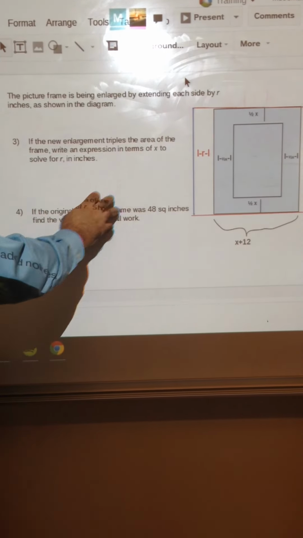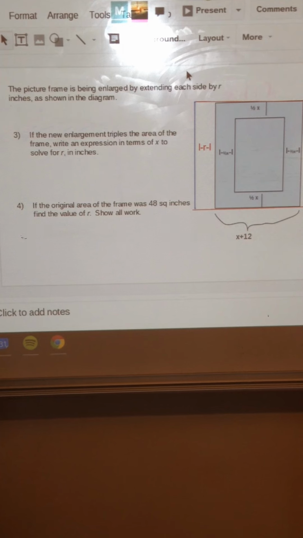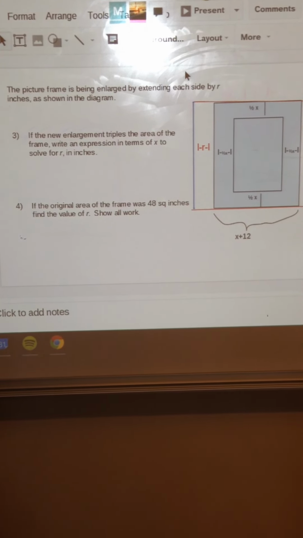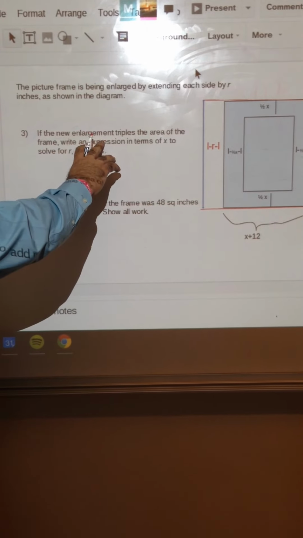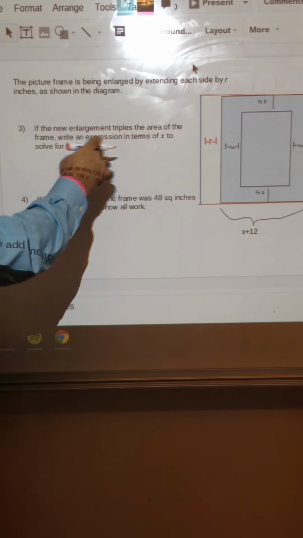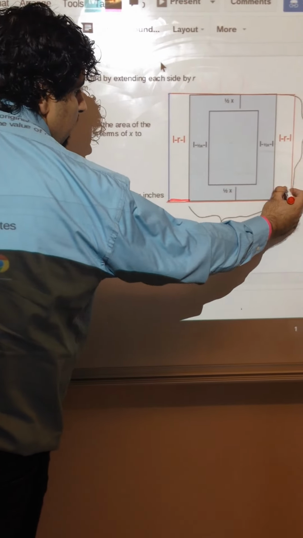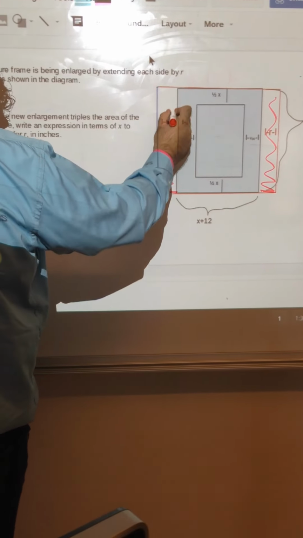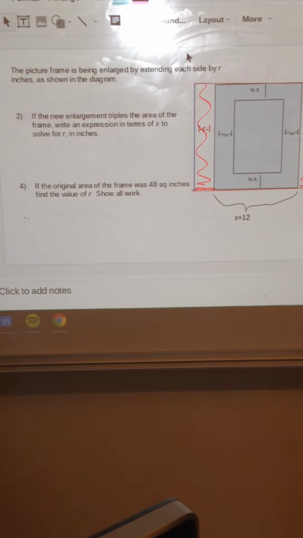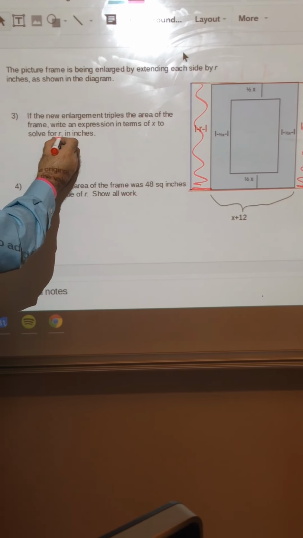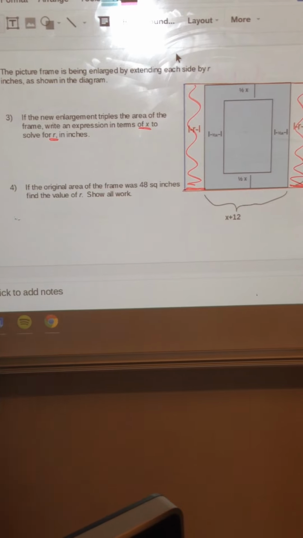Number 3 asks you to find a new area of the frame, which in this case is 3 times larger. If the new enlargement triples the area, where the enlargement is this piece right here and this piece right here, they want an expression for r in terms of x.